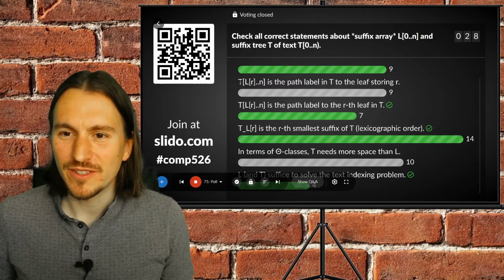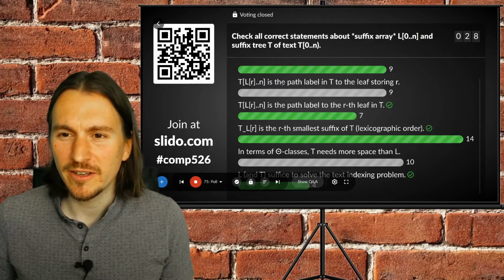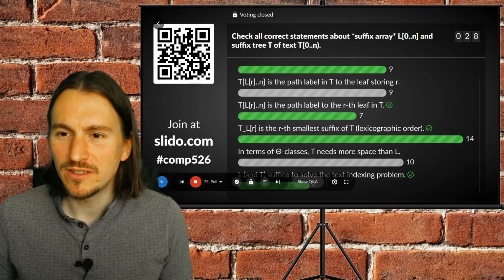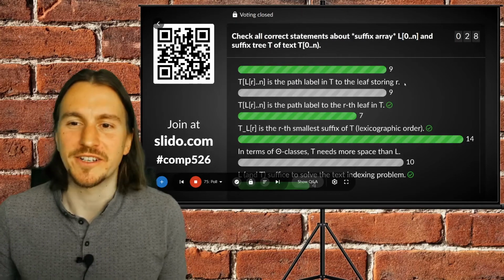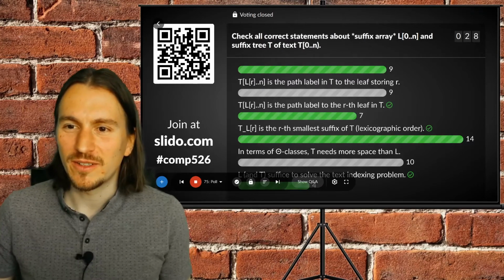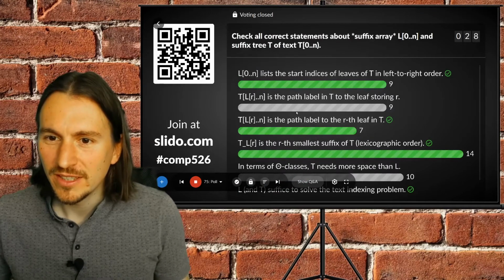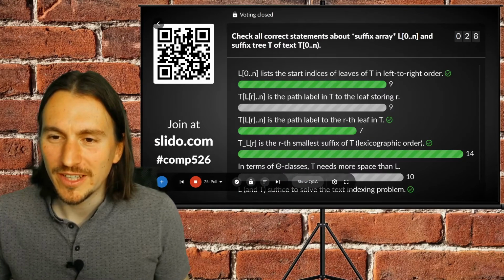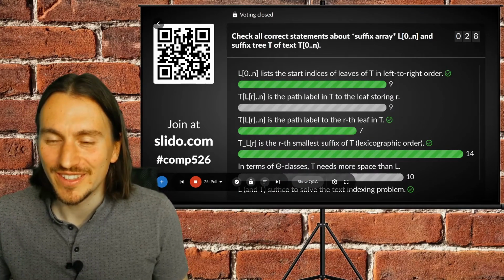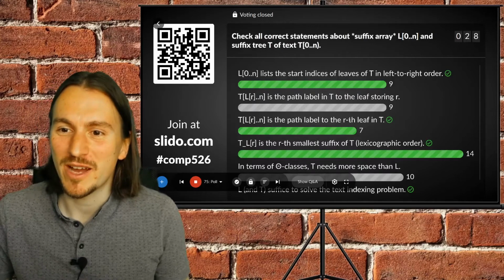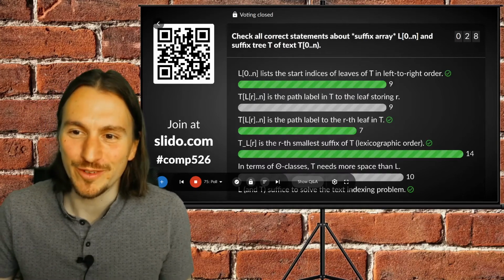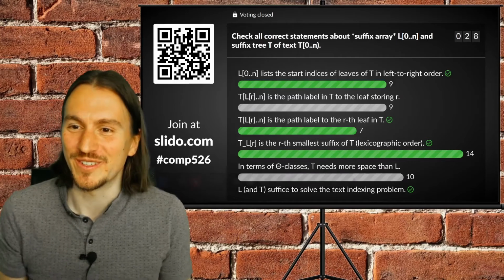The next statement says T starting at L of R is the path label in T to the leaf storing R. That's not quite correct. But a slightly different statement is correct. This is the path label to the rth leaf in T in left to right order.